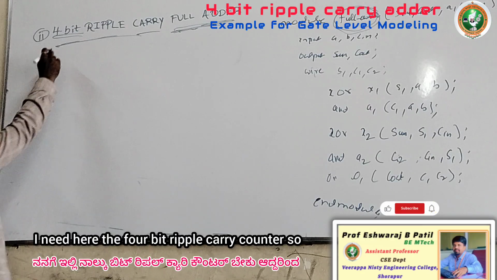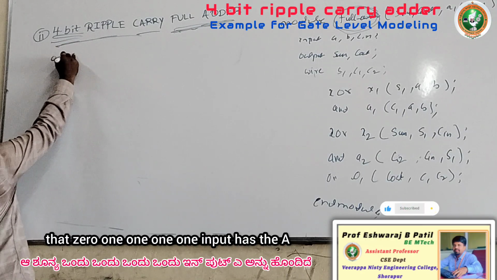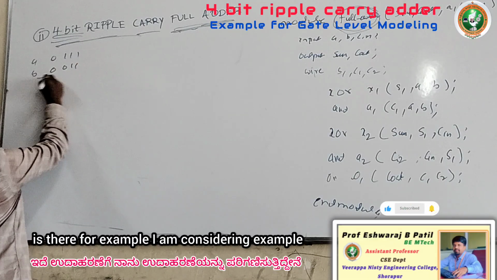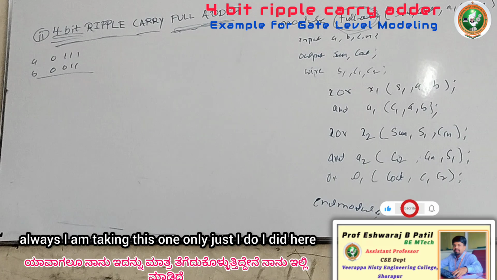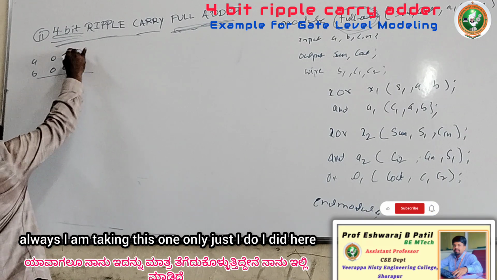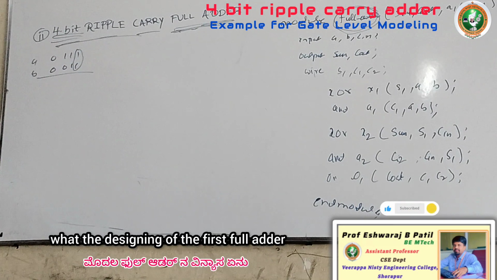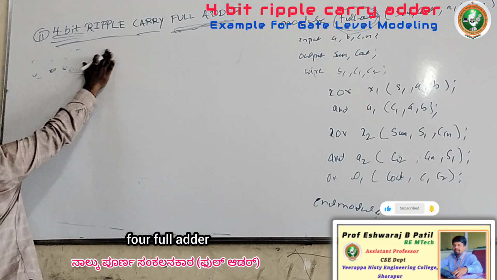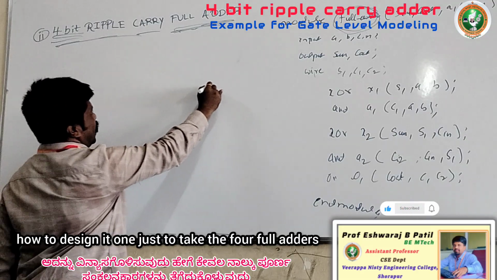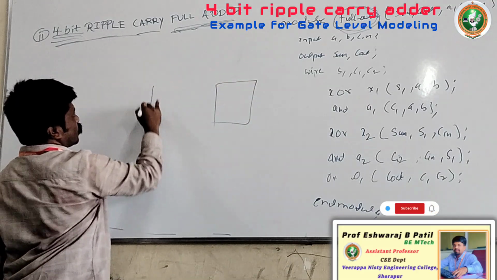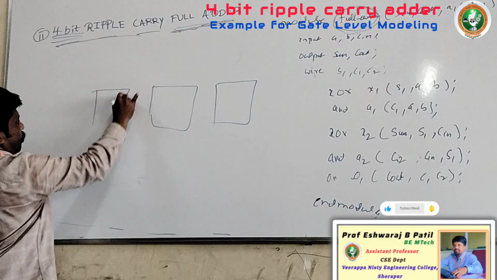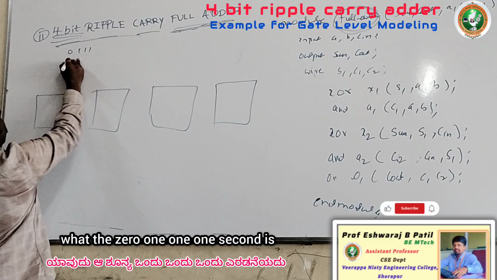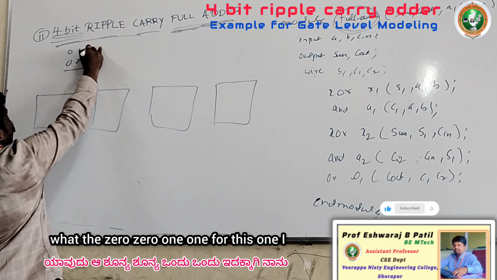I need the 4-bit ripple carry adder, so for example one input is 0 1 1 1 and the second input is 0 0 1 1. I am always taking this example only. I need 4 full adders. First is 0 1 1 1, second is 0 0 1 1. For this I can design.